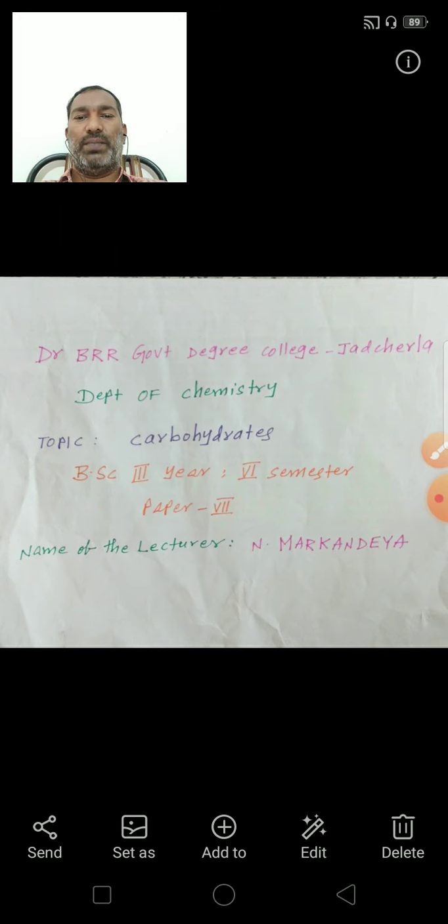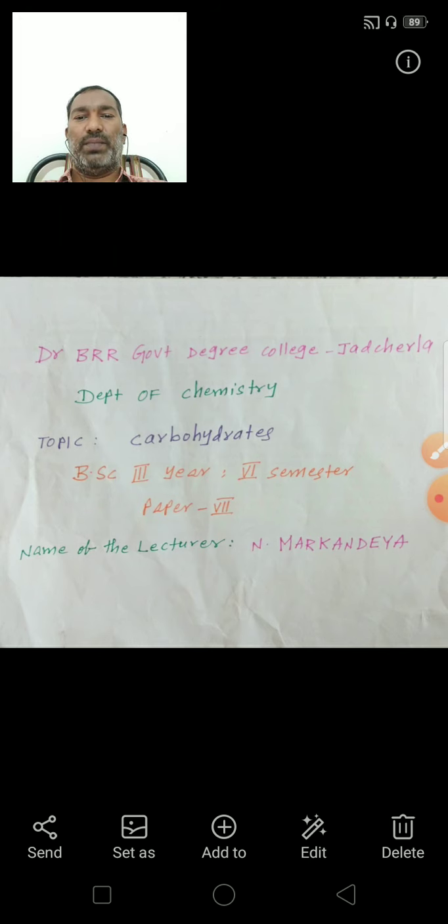Of the 16 isomers, 8 will have plus optical rotation and the other 8 will have minus optical rotation. Plus means dextro rotation, that is clockwise direction. Minus means levo rotation, that is anti-clockwise rotation.